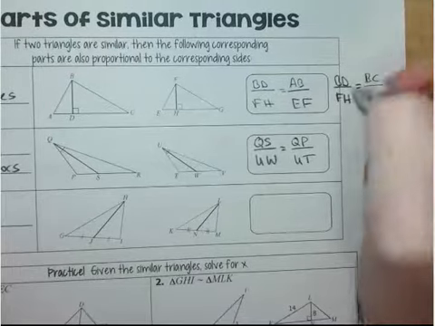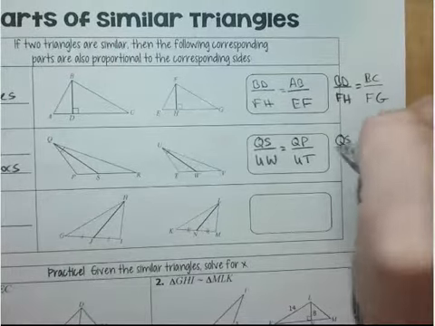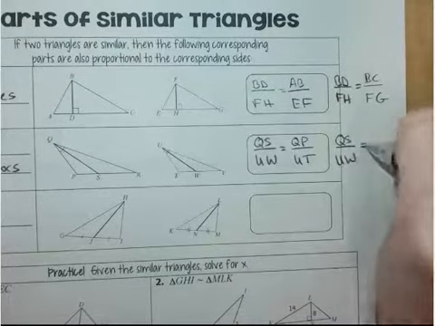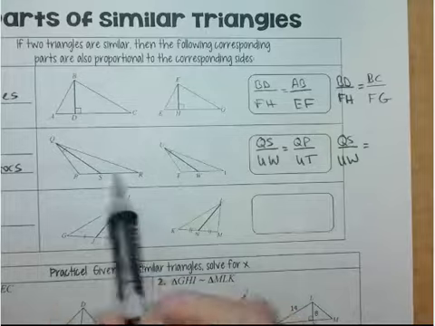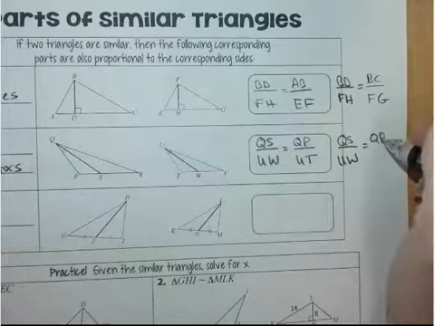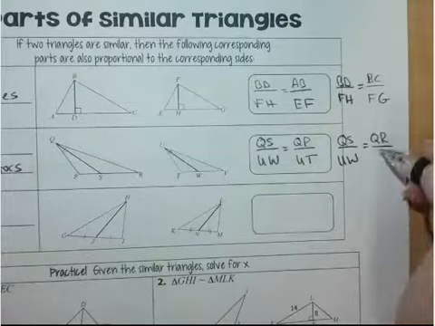And we can also say QS over UW using those angle bisectors, and we can say QR over UV.